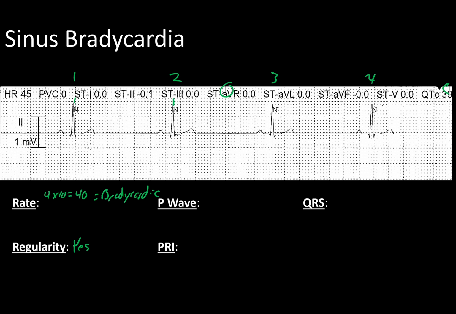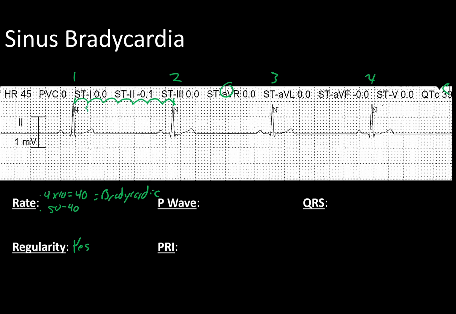So let's do the bounce method first. 300, 150, 100, 75, 60, 50, right at about 40. So between 50 and 40 with the bounce. But let's go ahead and count those as well.